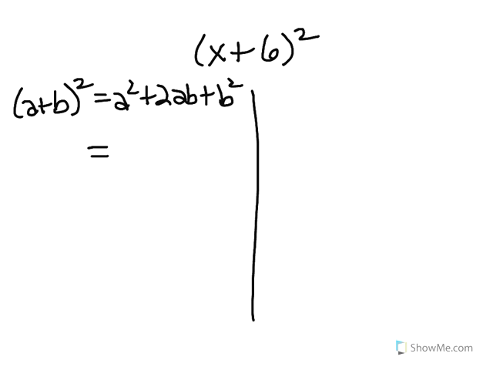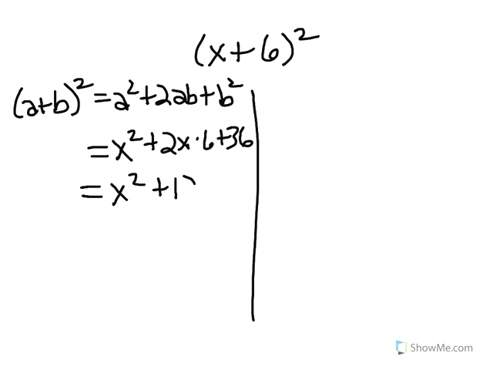Well, I think that x is a, so the first term is going to be x squared. I also think that 6 is b, so then I have 2 times x times 6. And since b is 6, the last term is going to be 36. Final answer then, x squared plus 12x plus 36. Cut and dried and simple.